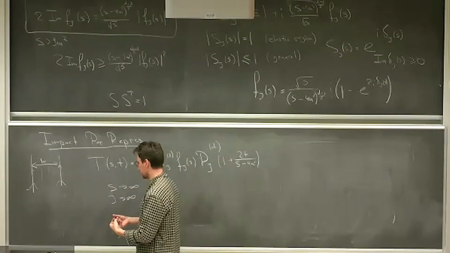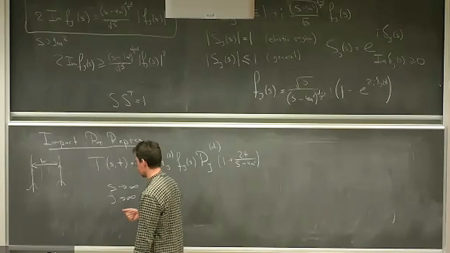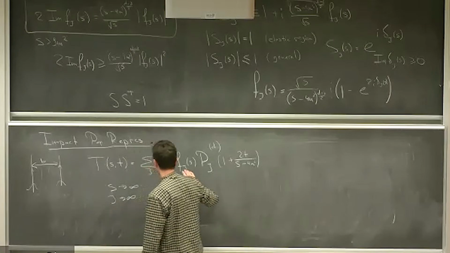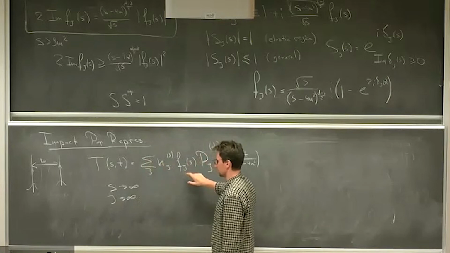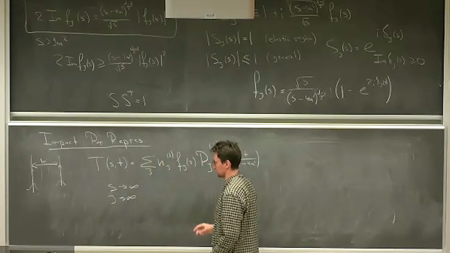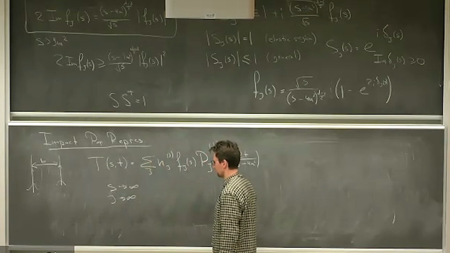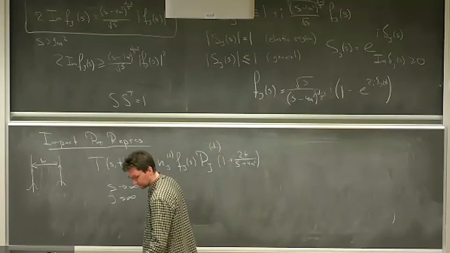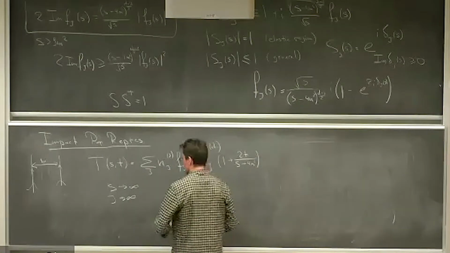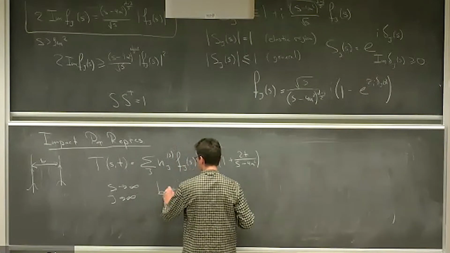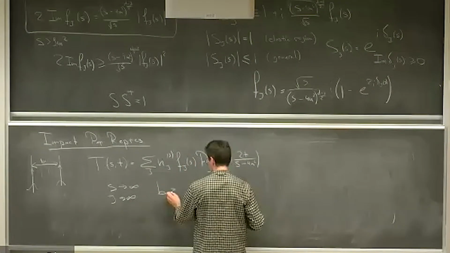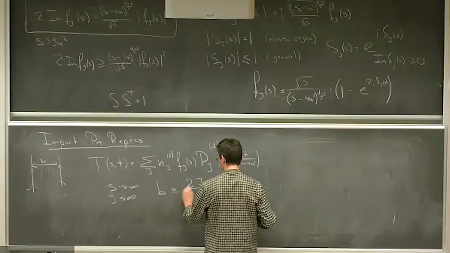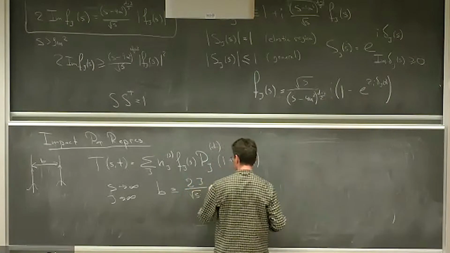In fact, if you want to separate things in distance, the relevant angular momentum is a large angular momentum. And so you take this limit and you keep b, which is defined as this, fixed.